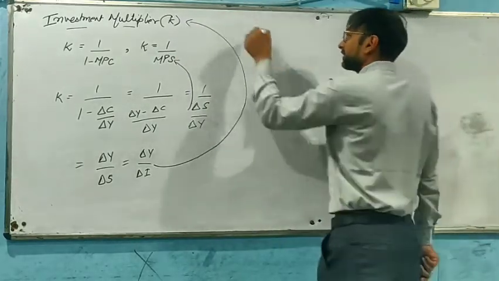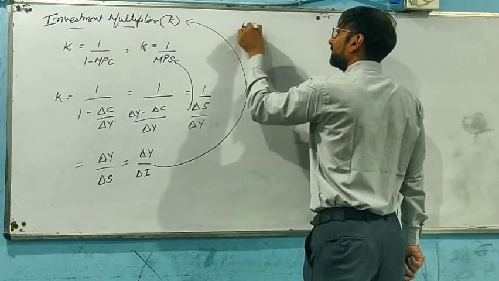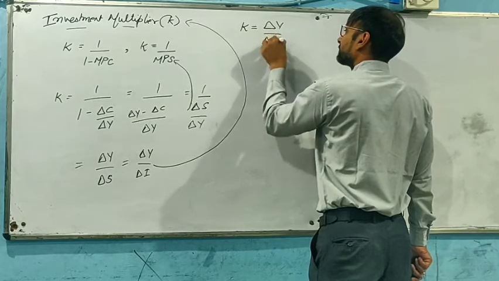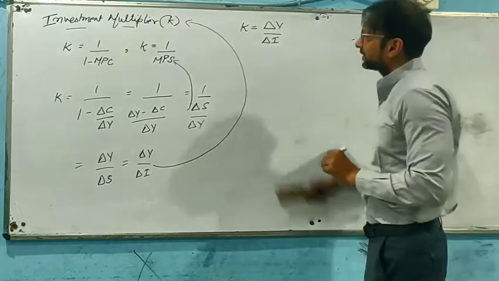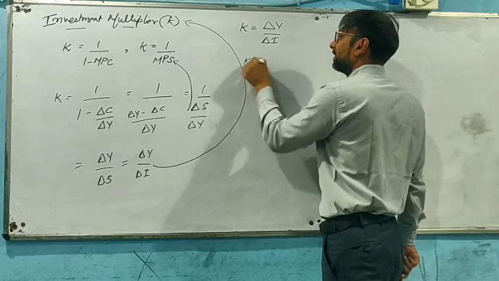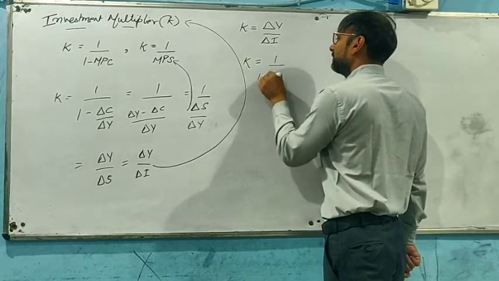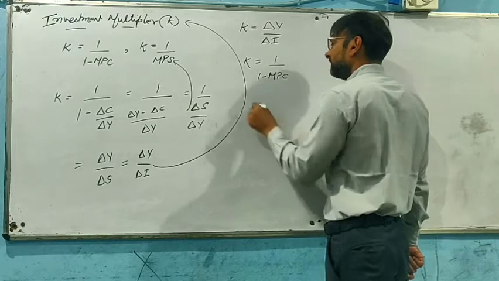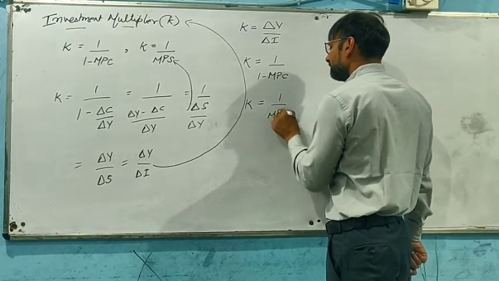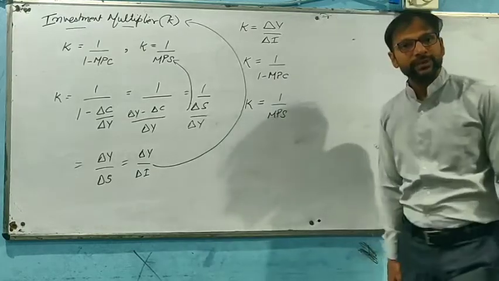So, in conclusion, we can say there are 3 formulas of investment multiplier. One is K equals to delta Y upon delta I. Again, we say K equals to 1 upon 1 minus MPC, or we can say K equals to 1 upon MPS. Okay?